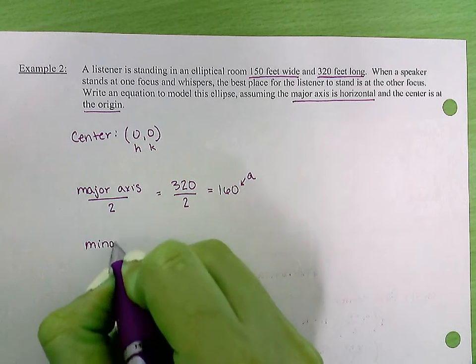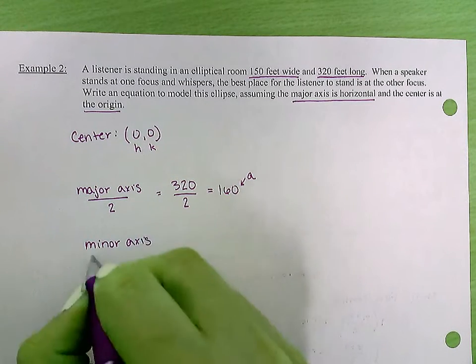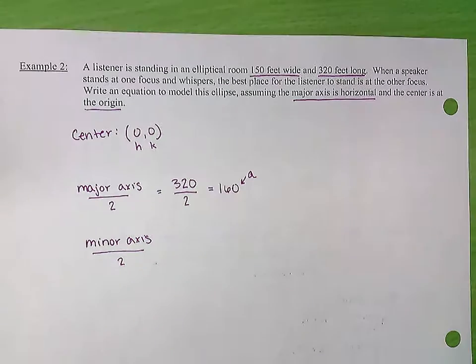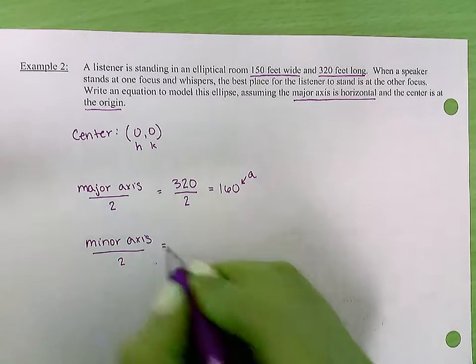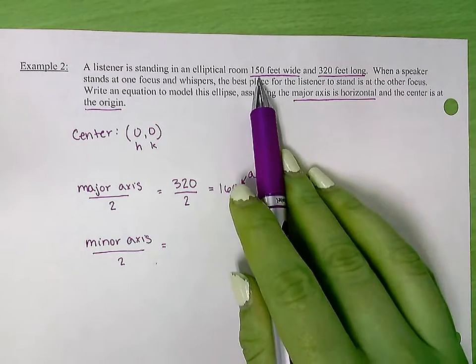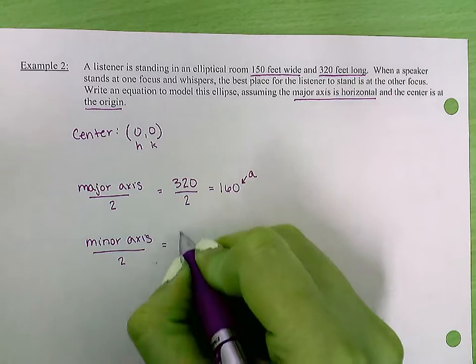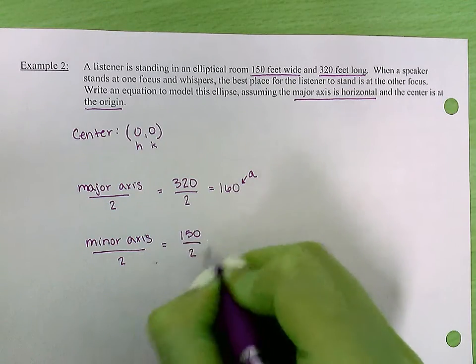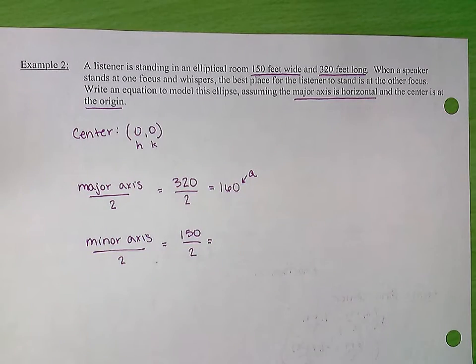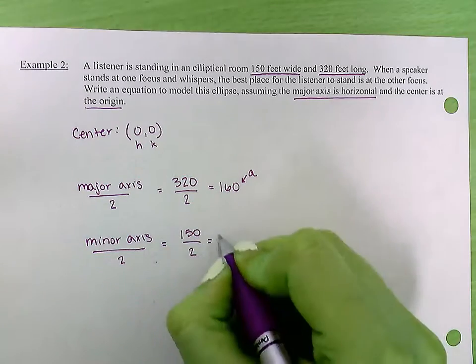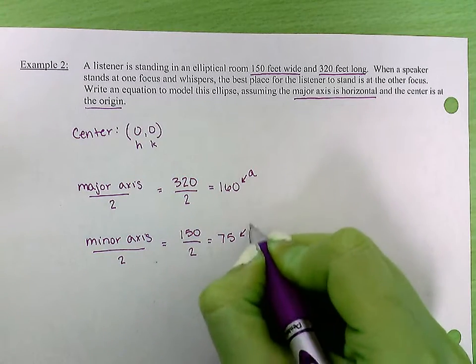B is your minor axis, divided by 2. Our minor axis is going to be the shorter one. So that's 150 divided by 2. That's 75.